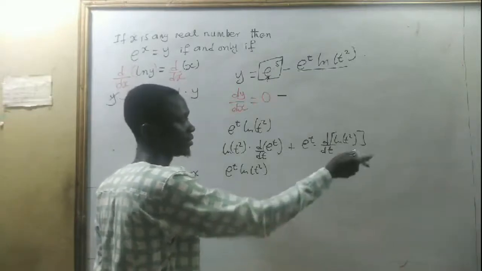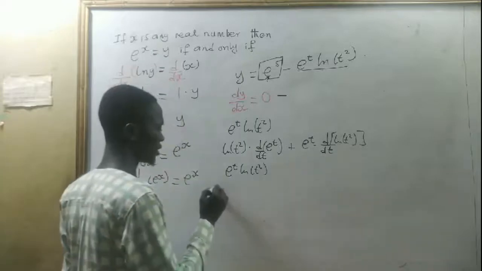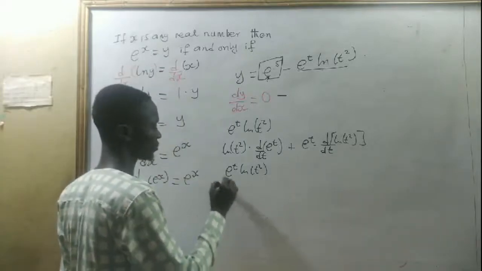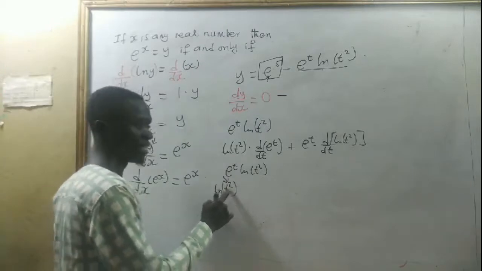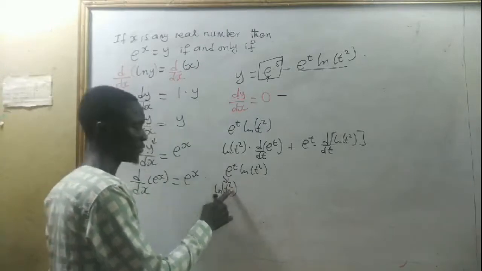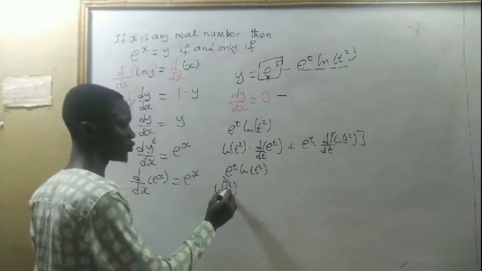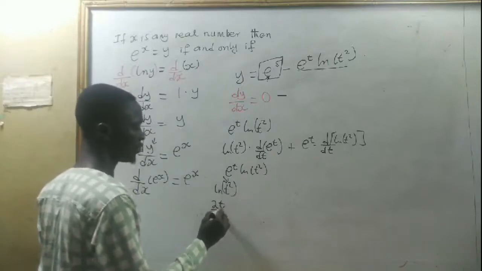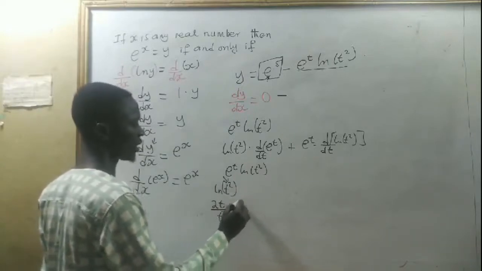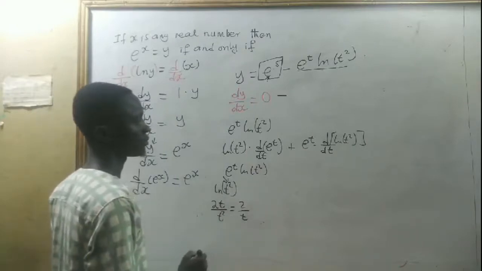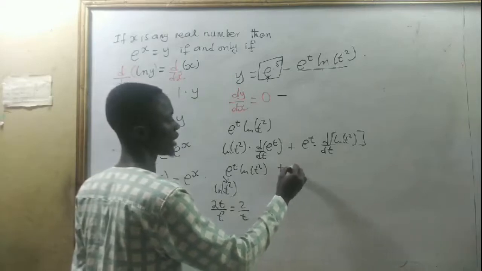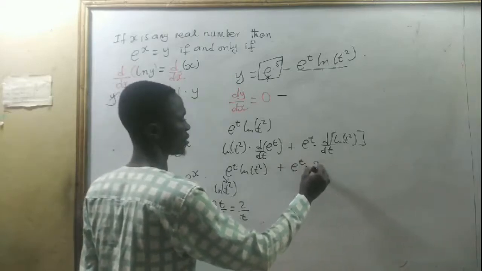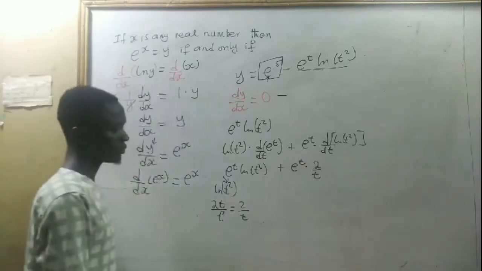If you want to differentiate ln t squared, you take the inner function, that is t squared, you differentiate it and you divide it by the same t squared. So if you differentiate t squared with respect to t, you get 2t. And if you divide it by t squared, you're going to have 2 divided by t. So here, this one is to be equal to plus e to the power t times 2 divided by t.